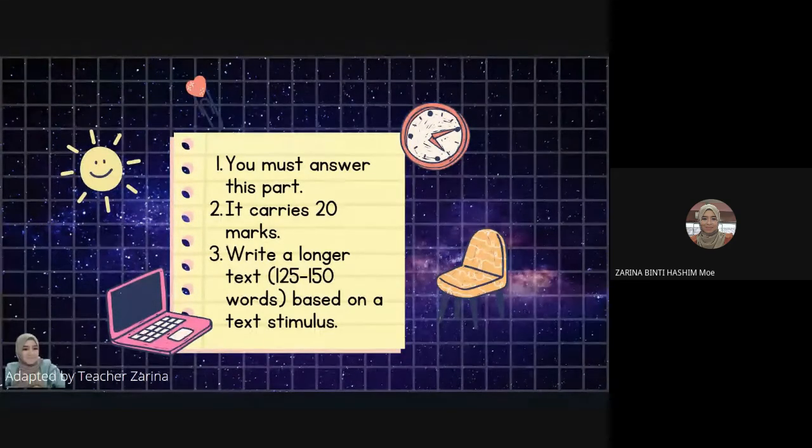If you think you can write very fast and answer all the three questions, by all means, please write longer, maybe about 200 words. We are not going to stop you. What we are telling you is we want to make sure that you have ample time to answer all three questions.